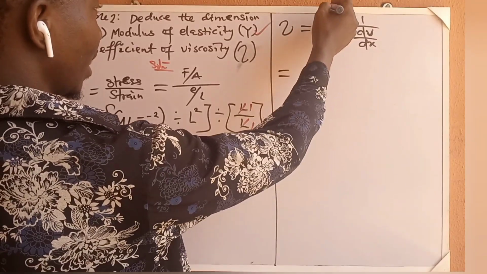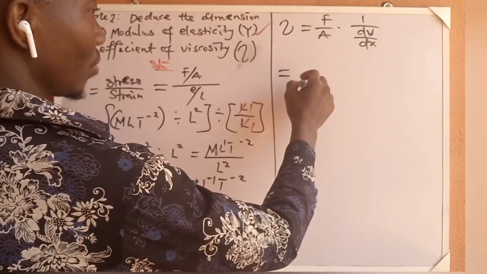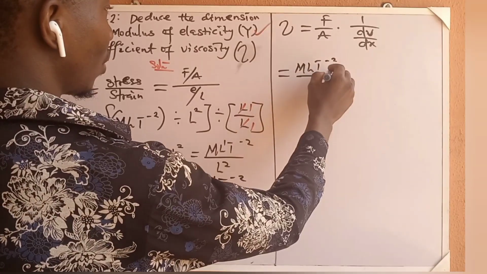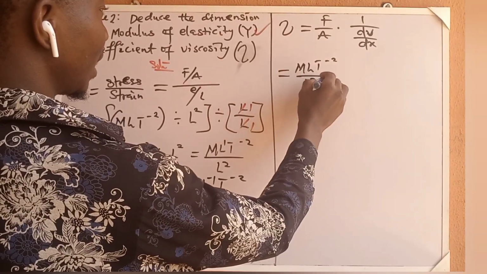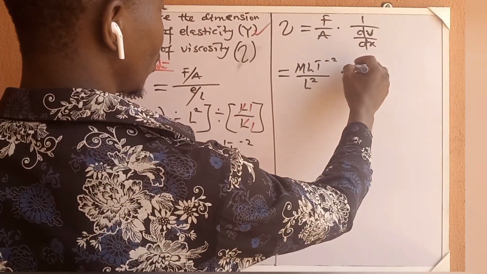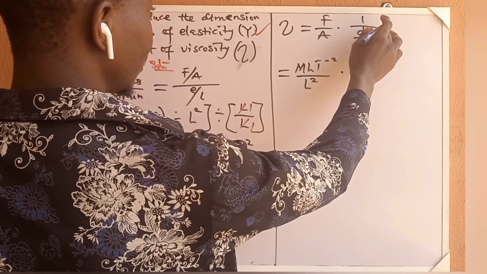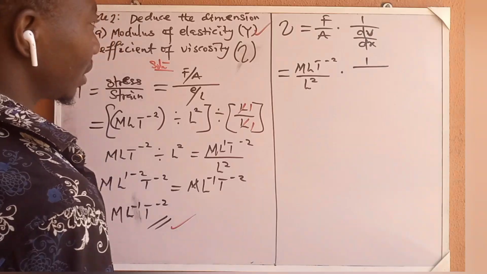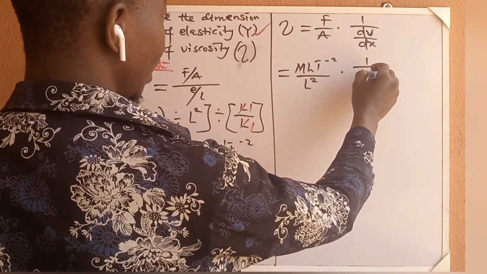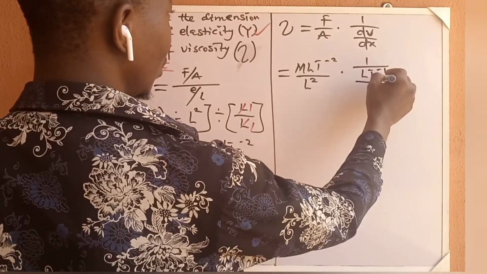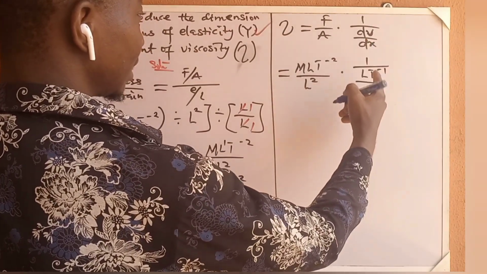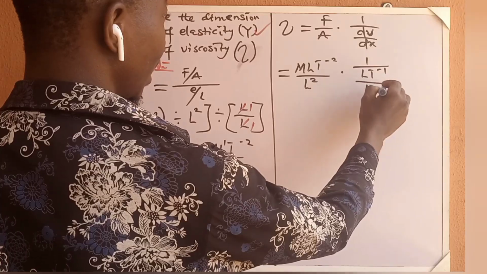So force over area, we have gotten the dimension of force as mLT to the minus 2 upon this area, which is L squared, that's length times length, then times 1 upon the dimension of dv, that's change in velocity, which still possesses the dimension of velocity, LT to the power minus 1, all over dx, which is change in length, which still possesses the dimension of length.